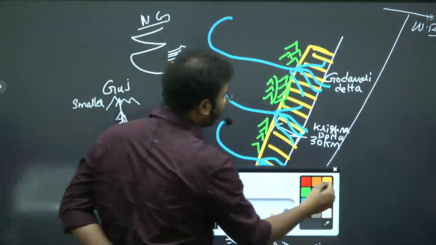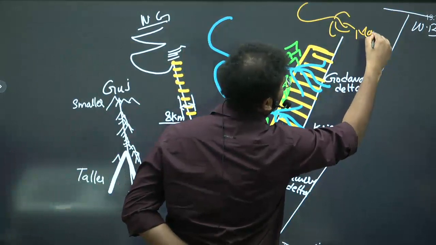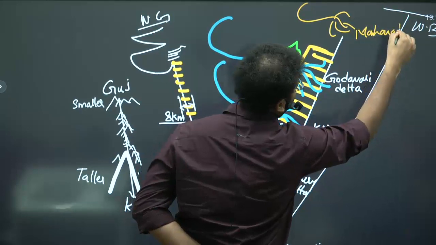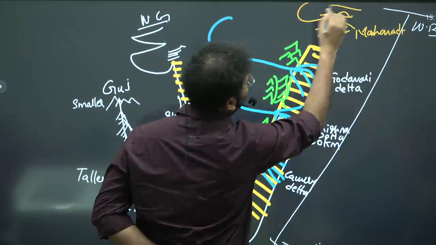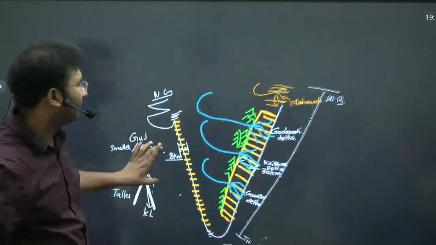Here also you'll have the Mahanadi delta near West Bengal. These are Eastern Coastal Plains. Like that, it can go up to the coastlines of West Bengal as well.